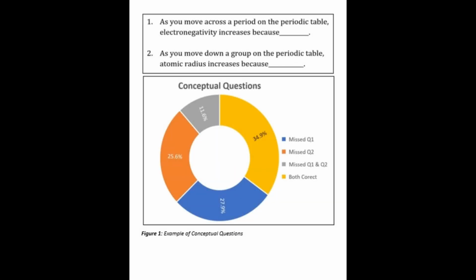In this graph, I had given the students a short conceptual quiz and was just looking to see how many people were able to articulate the why. And we see the data here, with only about 35% of the students actually having the correct answer and the correct explanation for that answer, the reason why.